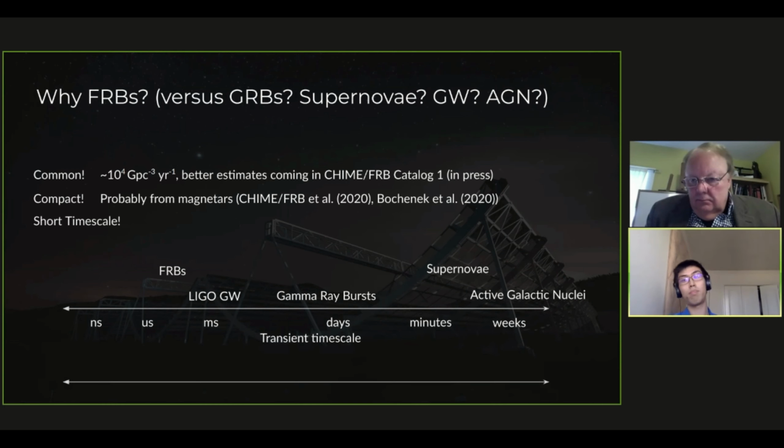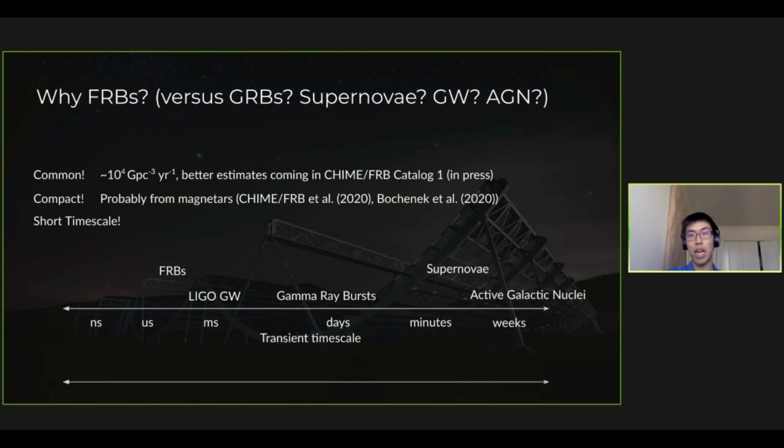But there's an additional dimension of information, which I haven't shown here, which is that FRBs, in addition to gravitational waves, have phase information. Phase information is not a common concept in astronomy, but for those who do radio astronomy and gravitational wave astronomy, our antennas are sensitive to not just the amplitude or the power of the electric field, but the phase information contained in there.